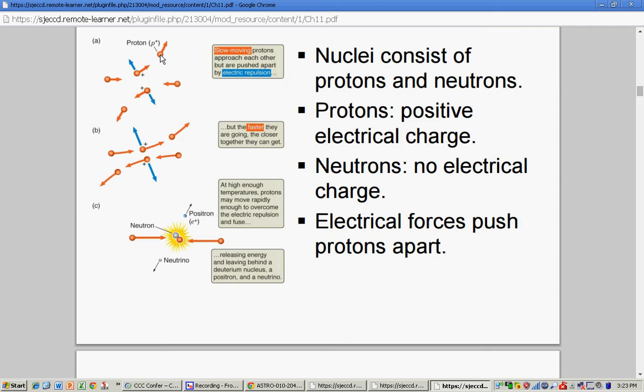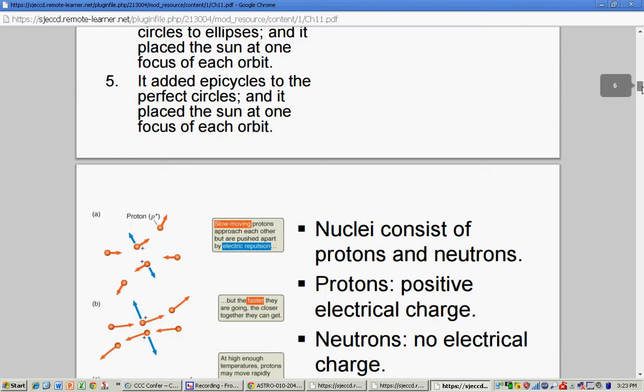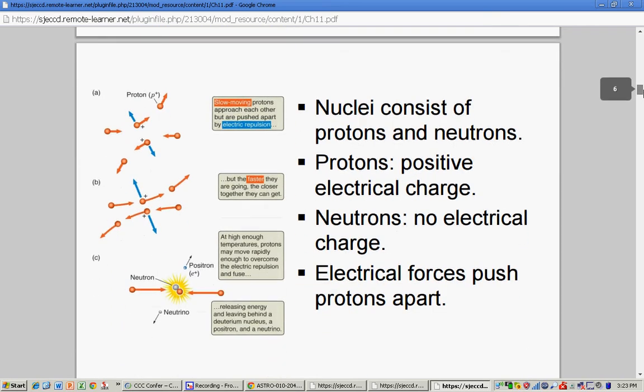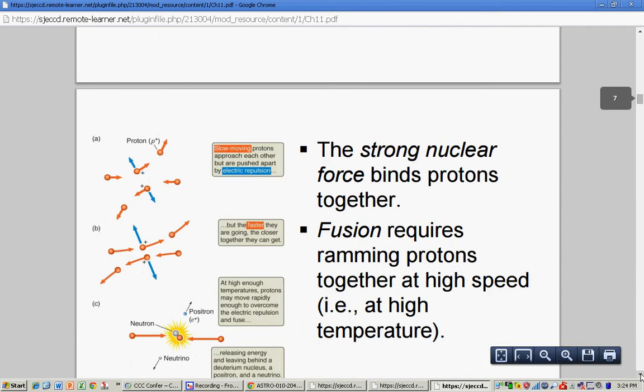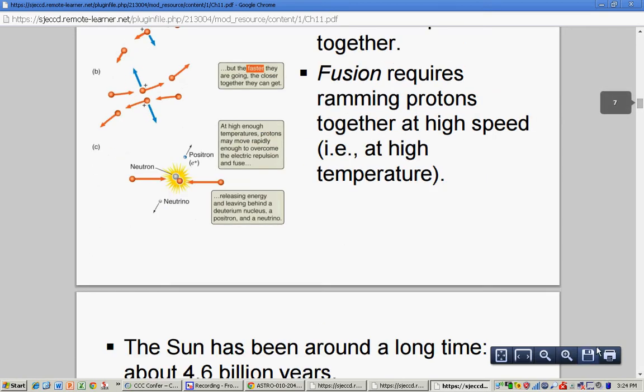So you have four protons, 1, 2, 3, 4. Protons, which are the nucleus of hydrogen, fuse, and the final product is one atom of helium plus energy plus neutrinos.